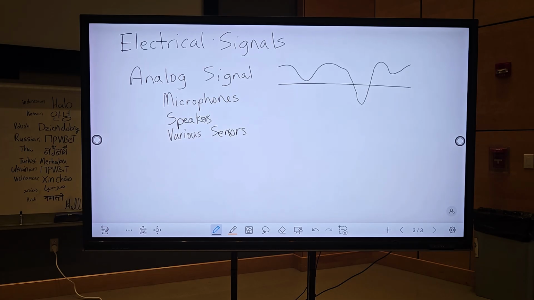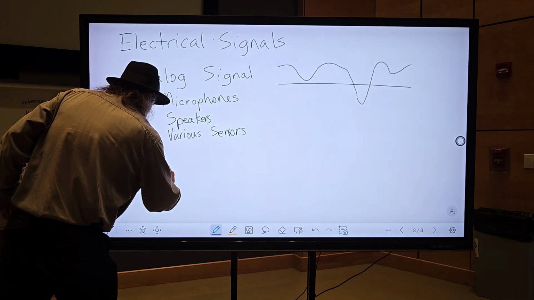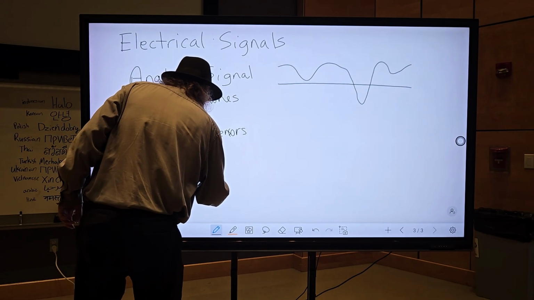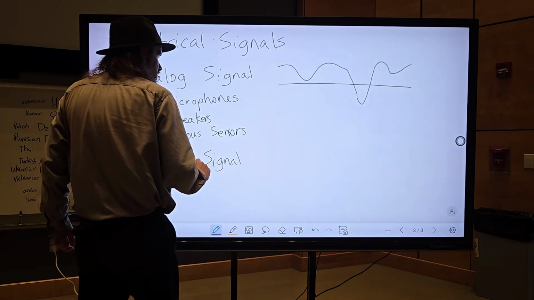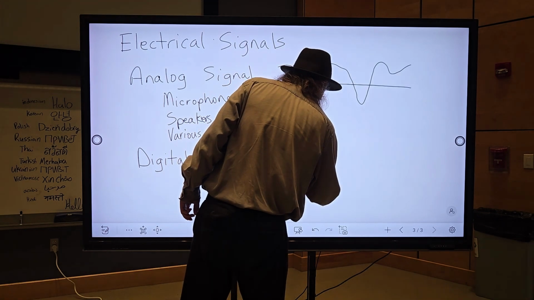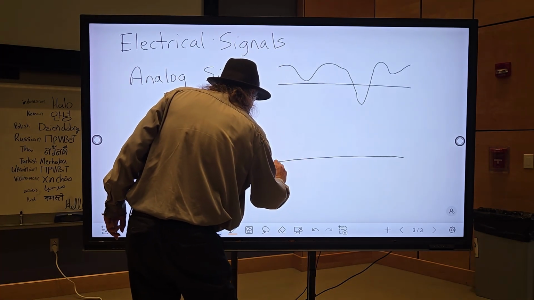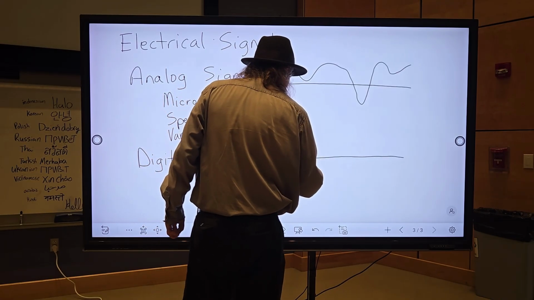Now, a digital signal is, say this is ground, it's going to be one or the other, high or low.